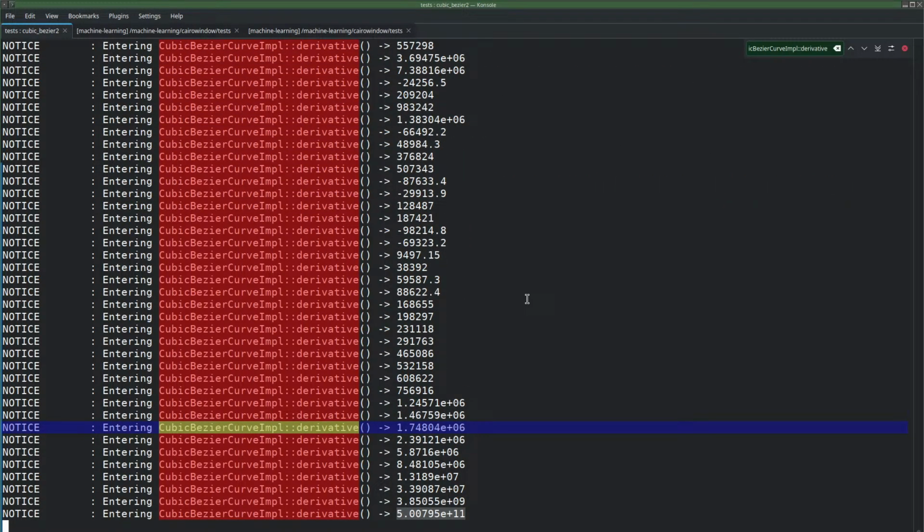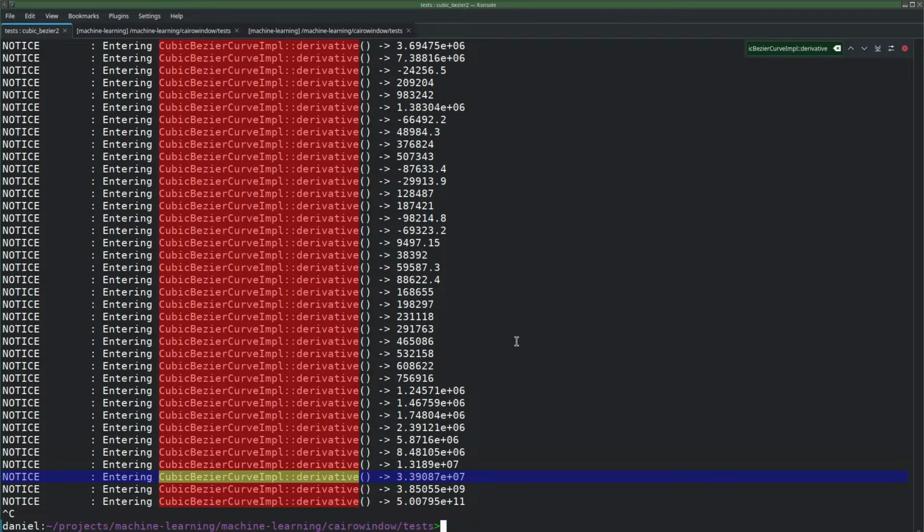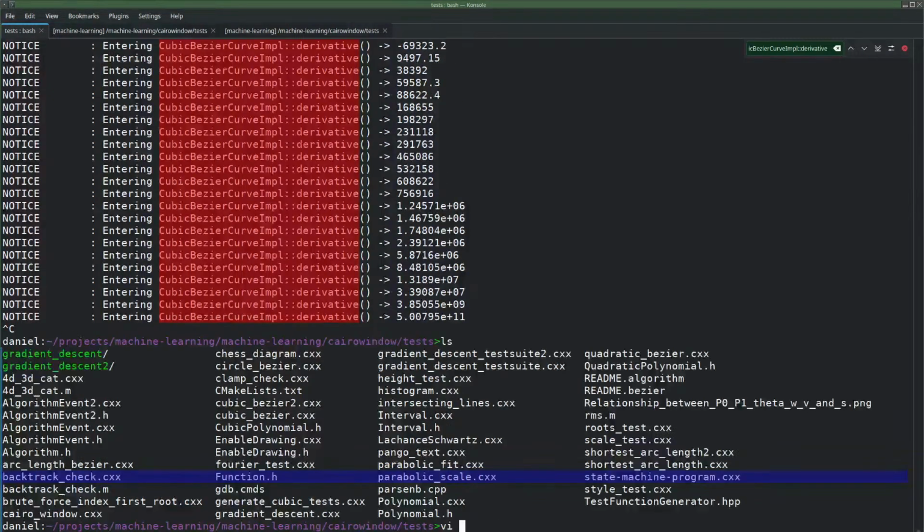I can't take the logarithm of a negative value. Well, let's start with 10 million. That should give something more sensible.